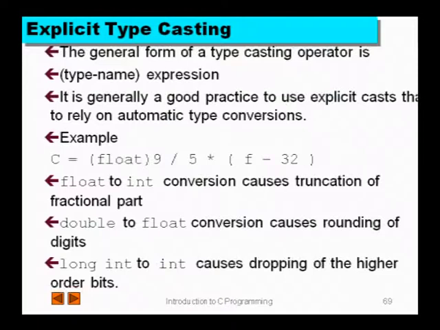We can convert integer to long integer, float to double and integer to float, but we cannot convert from a higher data type to a lower data type, whereas we can convert from a lower data type to a higher data type. That is what is possible. So these are the rules we need to follow for explicit type casting.